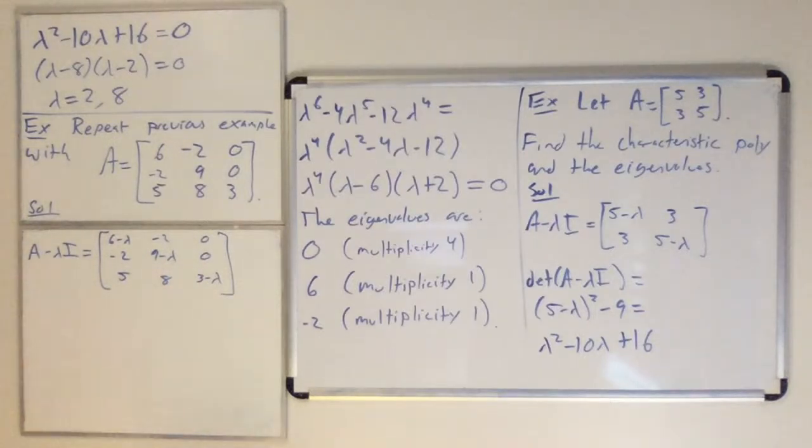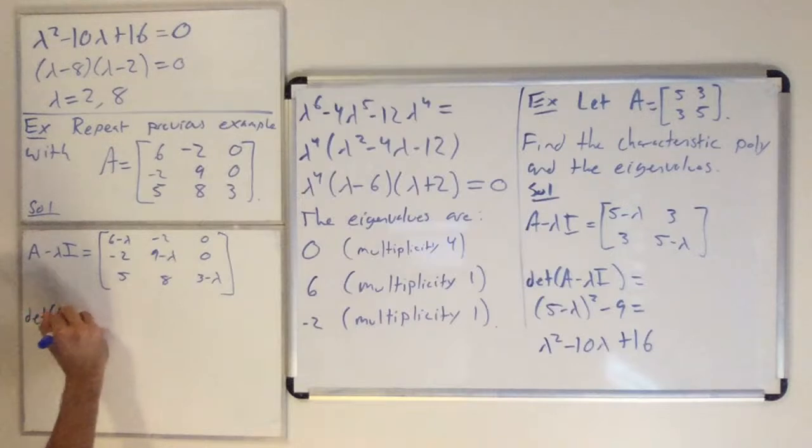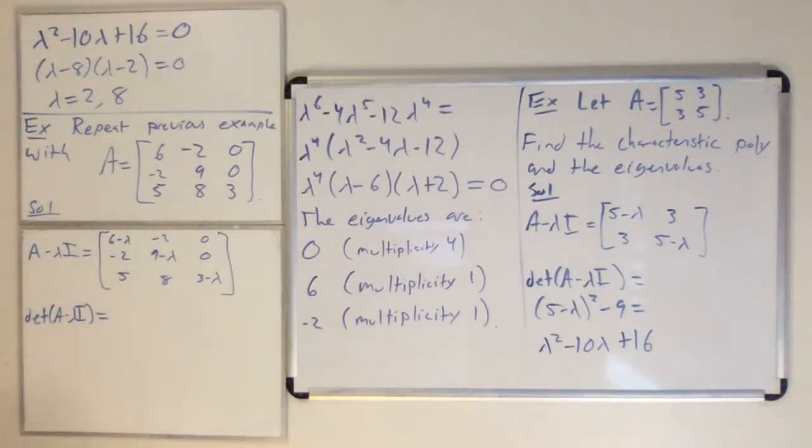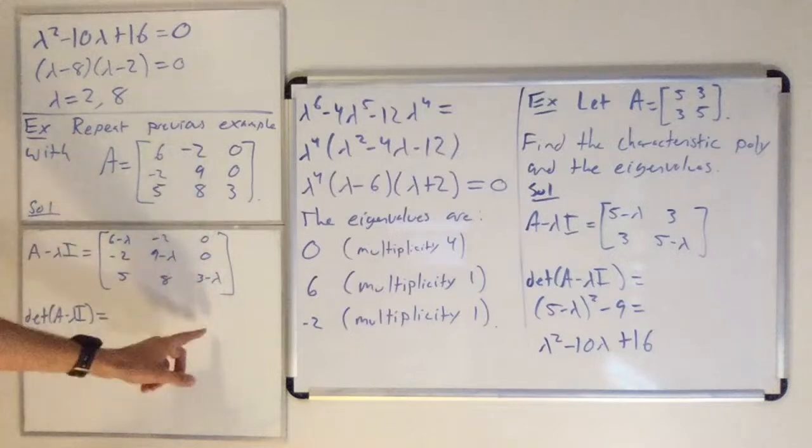And now we want to compute the determinant of this matrix. And the way we do this is we might as well use the cofactor expansion along the third row, right?